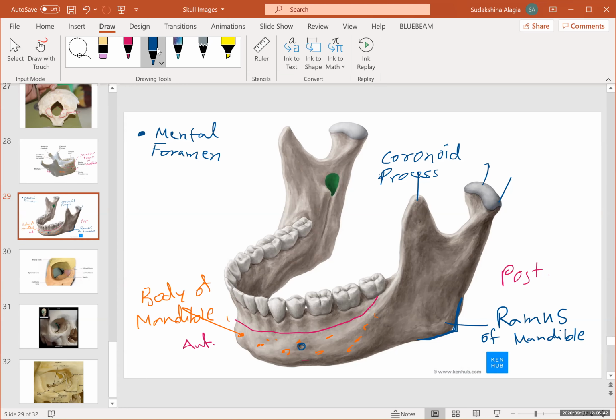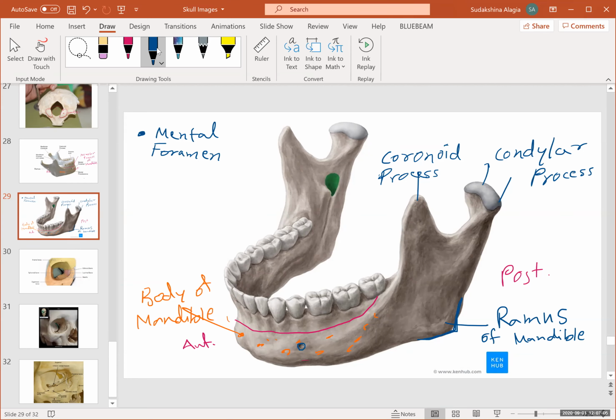Basically, that's what we refer to as, what is this? Condylar process.